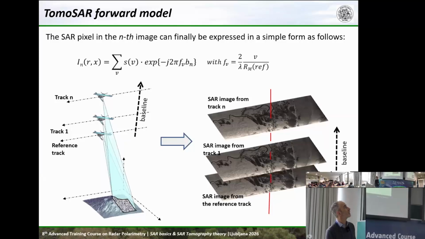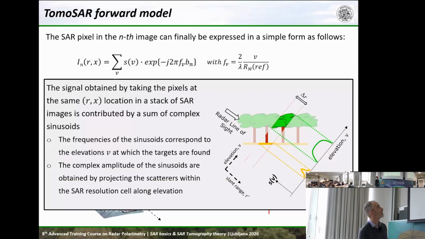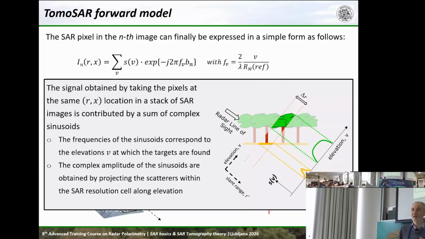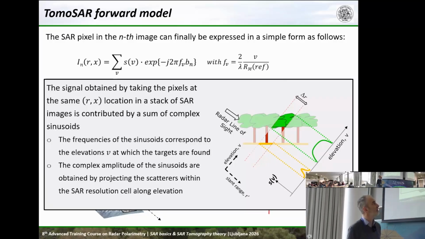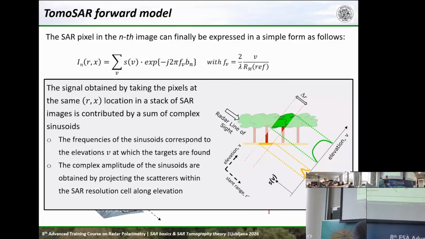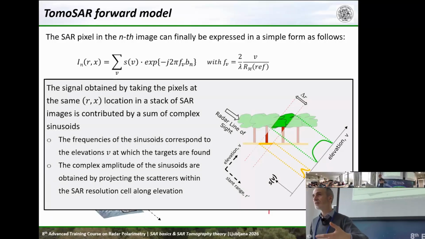So at the end, what we do is express the signal in this way, and by exactly the same reasoning we saw before for the case of the antenna array, those two different peaks are mapped to two different spatial frequencies, and those spatial frequencies are mapped to different elevation positions.